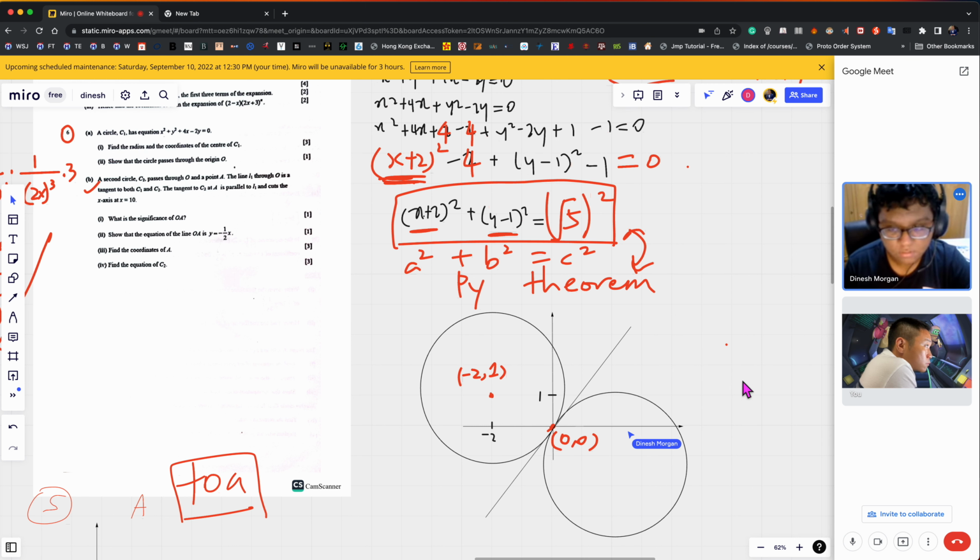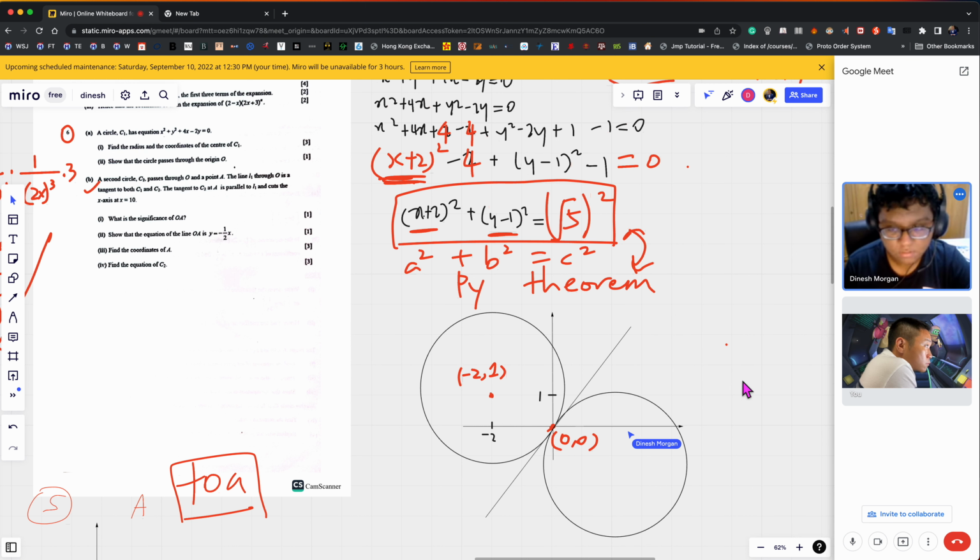Yeah, 2. That means the equation of L2 is y minus 0 equals 2 times x minus 20. Yes. And then I equate the two. So negative half x equals 2x minus 20. Is this your m2? That's the gradient. Okay, gradient 2.